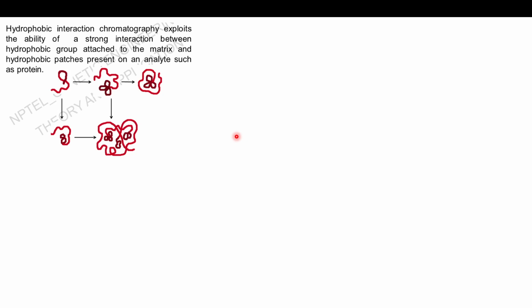Now let's look at hydrophobic interaction chromatography. This exploits the strong interaction between a hydrophobic group attached to the column matrix or column resin and the hydrophobic patches present on an analyte such as a protein. Okay.